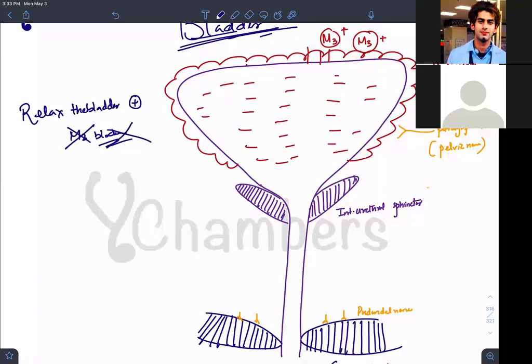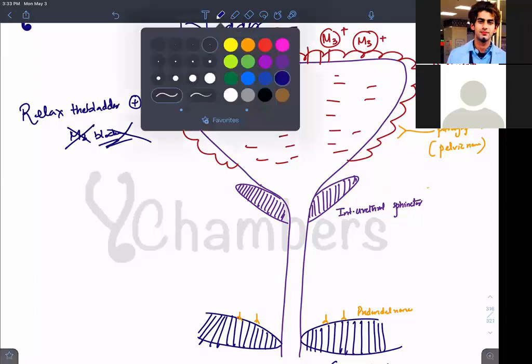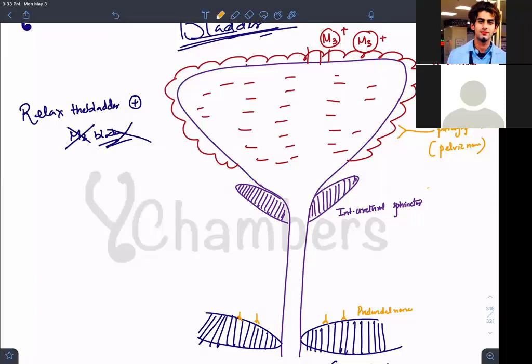The patient comes to me with a condition called BPH, benign prostate hyperplasia. The prostate is also present here, around this.